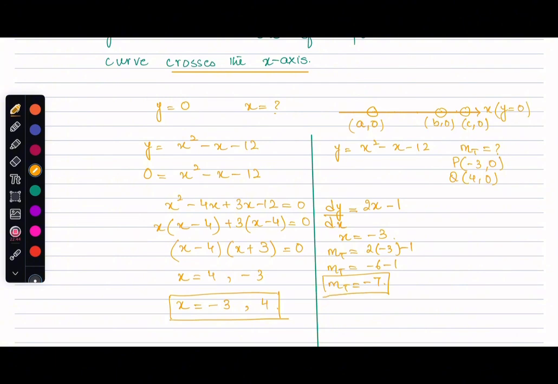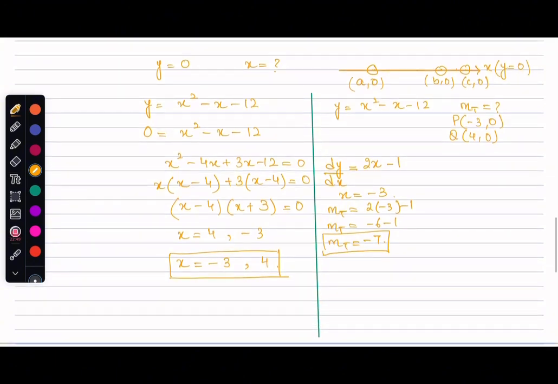So this is one piece of information that we have about the tangent, and in the same manner I can also substitute x as 4 in the gradient equation. Substituting x as 4, I will have the gradient of the tangent, which shall be 2 times 4 minus 1, or 8 minus 1, or I can say that this is having the gradient value which is equal to 7.